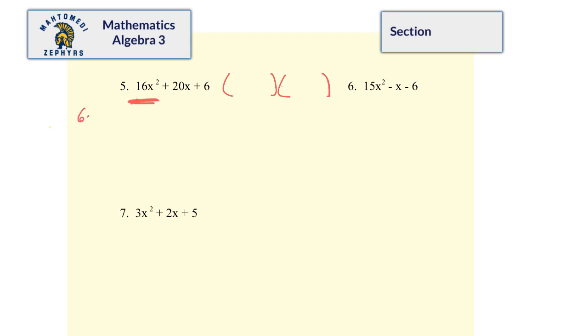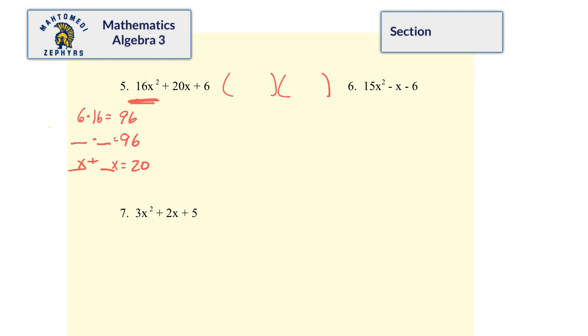But I have to multiply the first and last number together and get 96. In order to factor this, I'm going to need 2 numbers that multiply to this 96 and add up to 20.